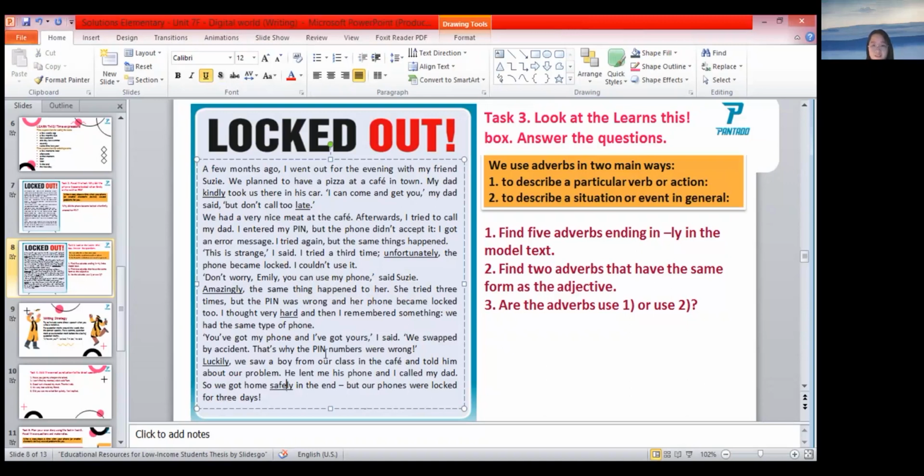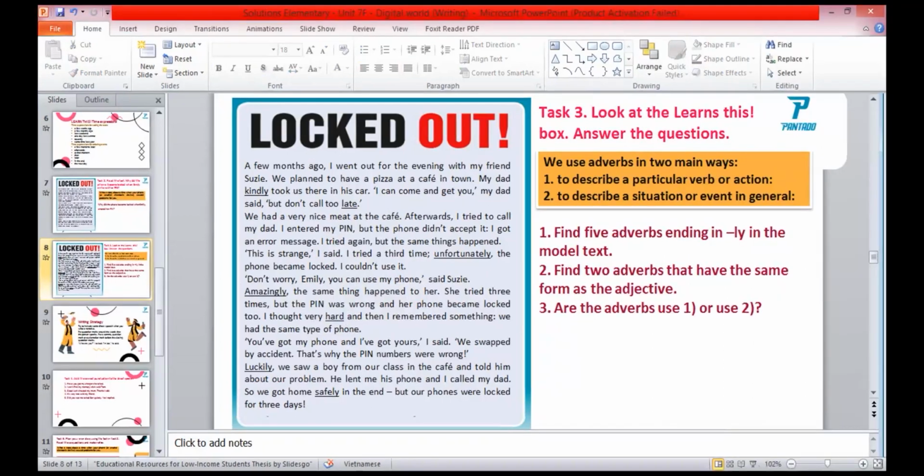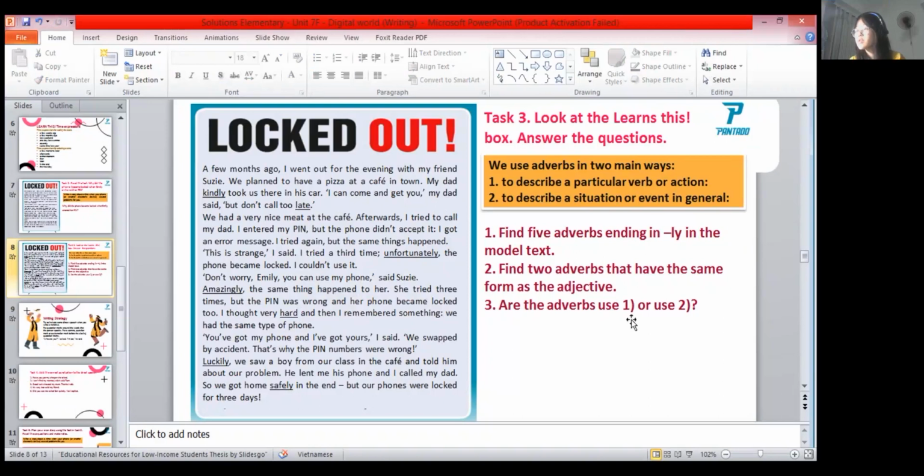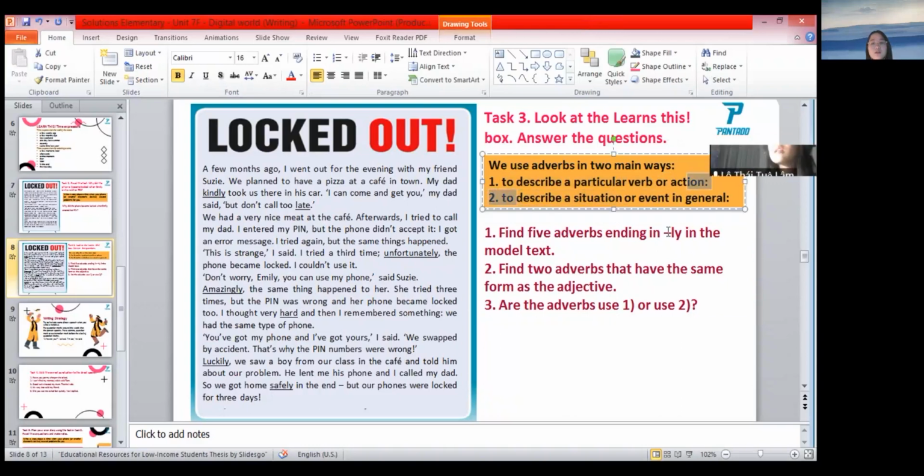in this text. Okay, so which adverbs use 1 or 2? 1 is here and 2 is here. So which adverbs are used in the first situation and which adverbs are used in the second situation?